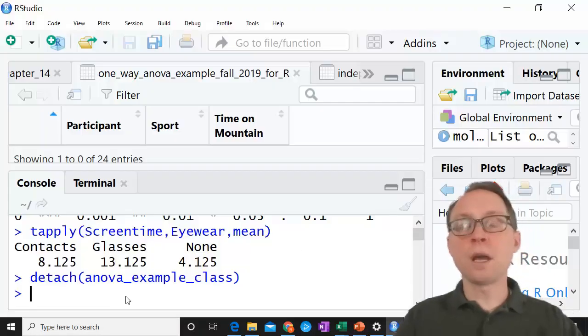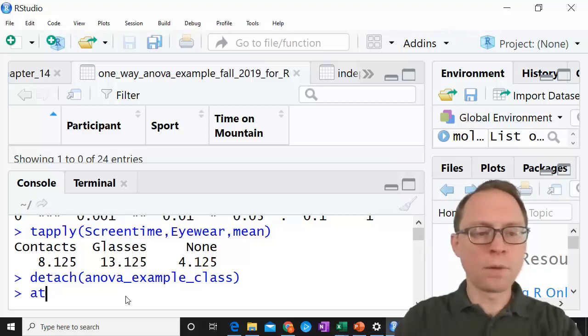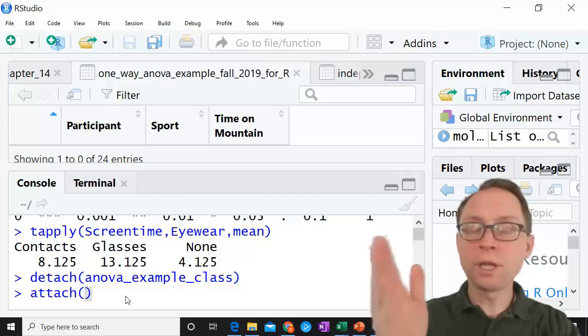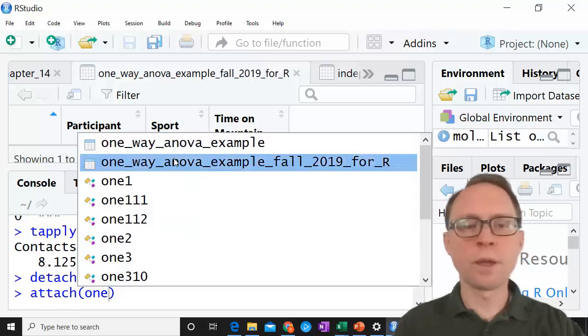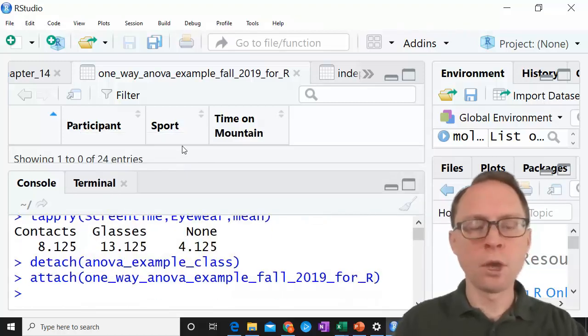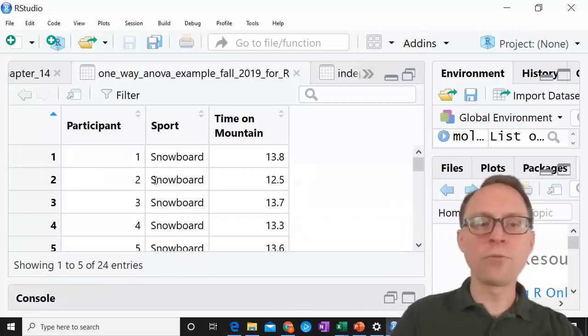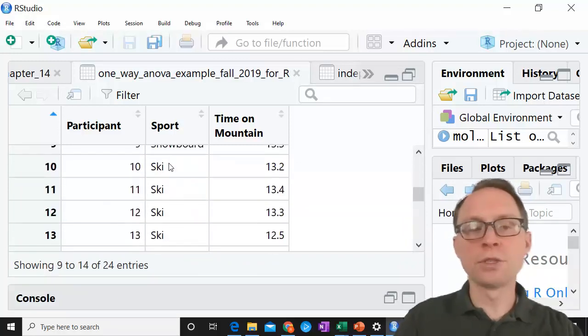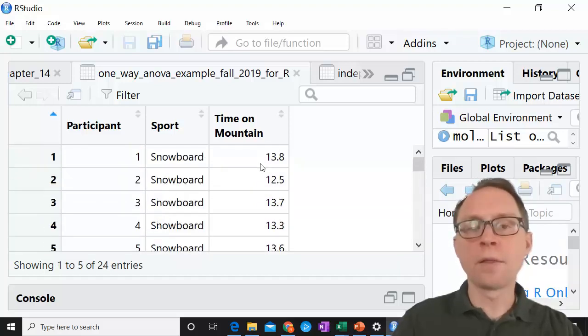Okay, so to do this, I'm going to attach what we were looking at before. I'm going to attach the data about skiing, snowboarding, and neither on the slopes, and I'll show you what it means again, just to remind you. This is my one-way ANOVA example. Remember, I had 24 participants, and they either like to snowboard, ski, or do neither, and then I was measuring how much time they spend on the mountain.